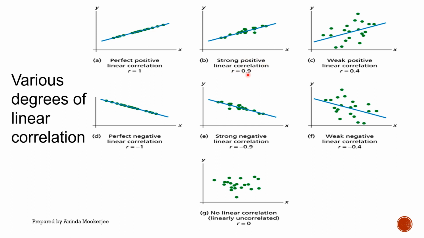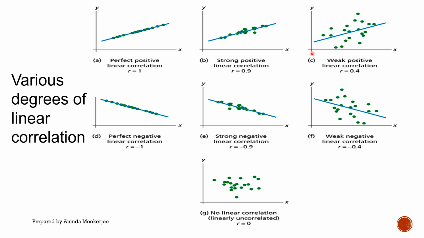R equals 0.9, as in the case of the Orion data, where R was 0.92, so it was a very strong positive correlation because it's close to 1. And it's positive because it's a rising line, but it's less than perfect because there are some data points that are not on the line. Some data points are a little bit off, falling off the line.